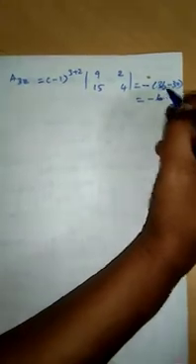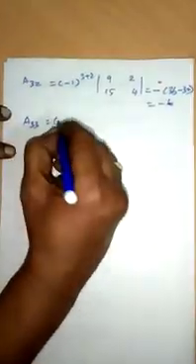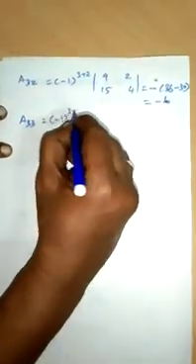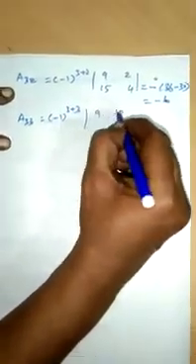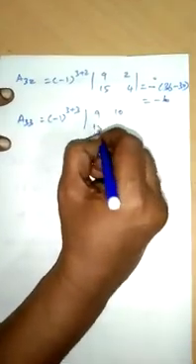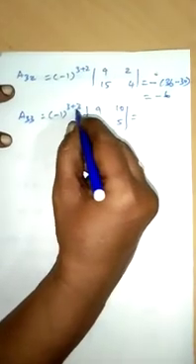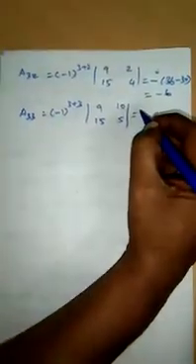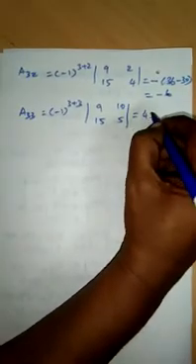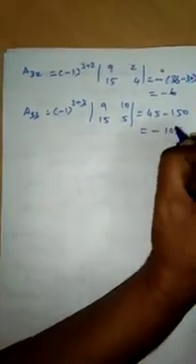A33 is minus 1 power 3 plus 3, and its minor is 9, 10, 15, 5. 3 plus 3 is 6, minus 1 power 6 is plus, cross multiplying we get 45 minus 150, that's equal to minus 105.